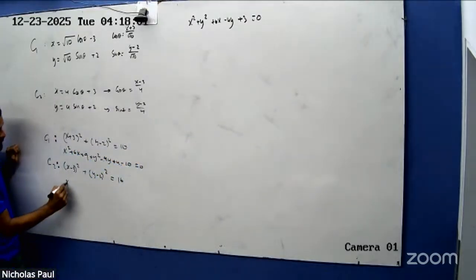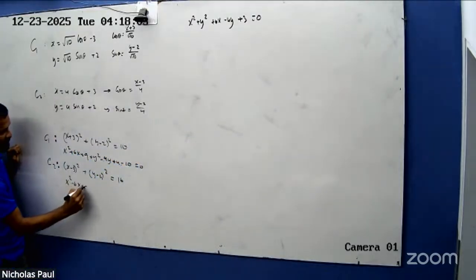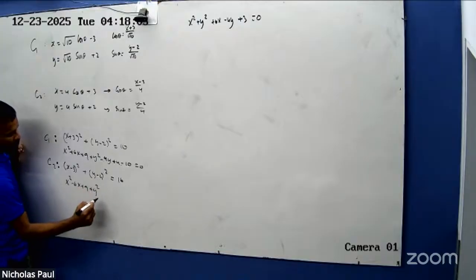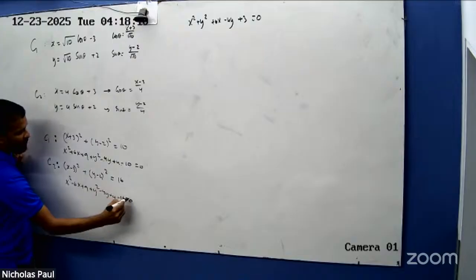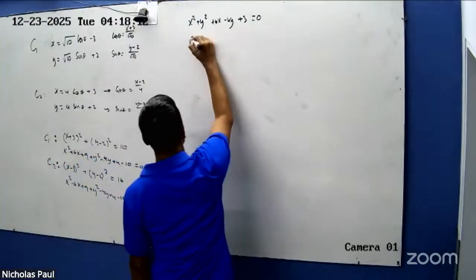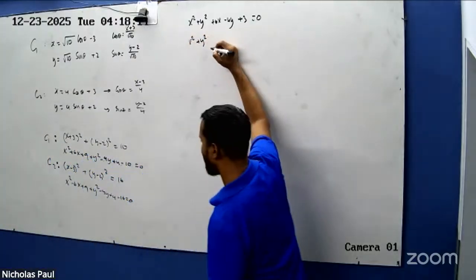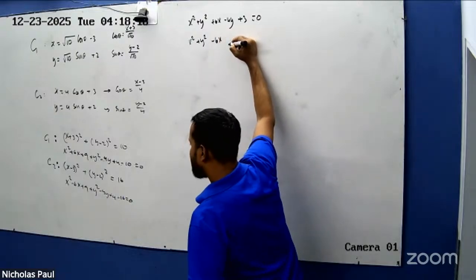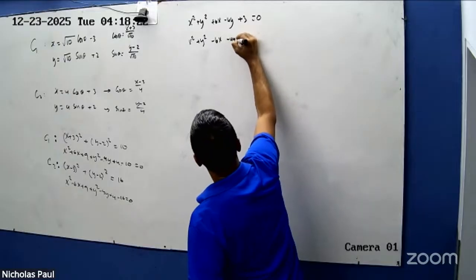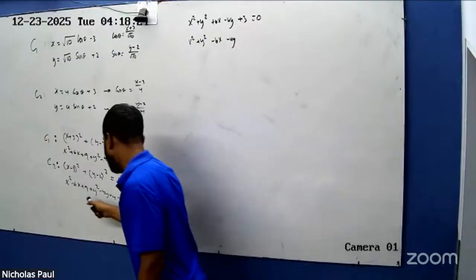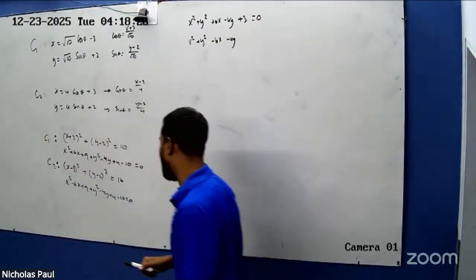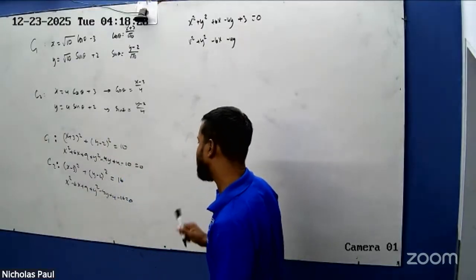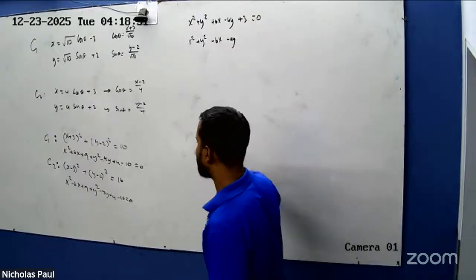Expand this one here. X squared minus 6x plus 9, y squared minus 4y plus 4. So I'll end up with x squared plus y squared minus 6x minus 4y, 9 plus 4, 13.